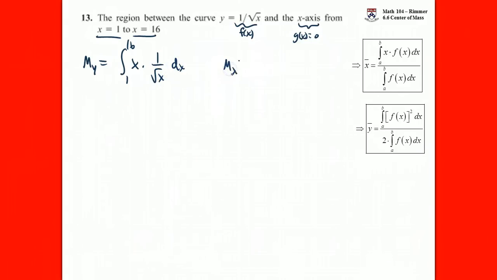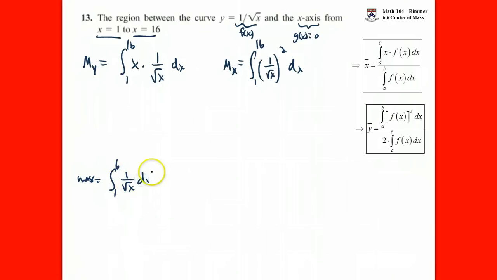M sub x is 1 to 16, take f of x and square it. And the mass is 1 to 16, just f of x. 3 separate integrals, but so it's not that difficult.